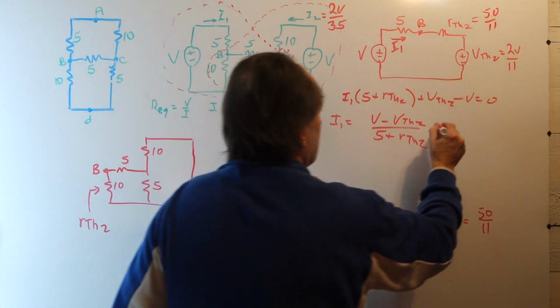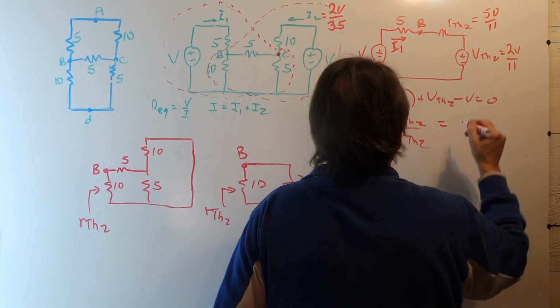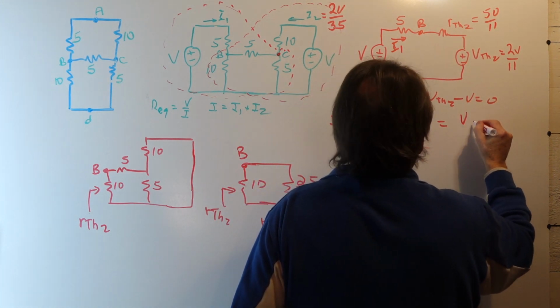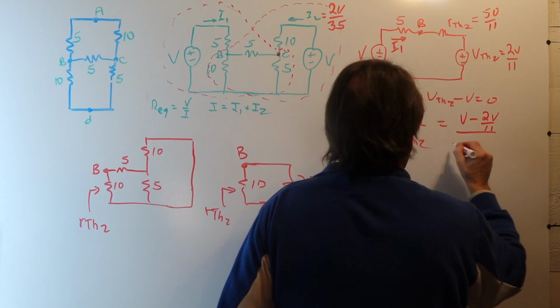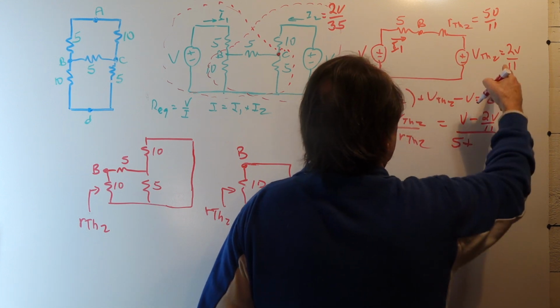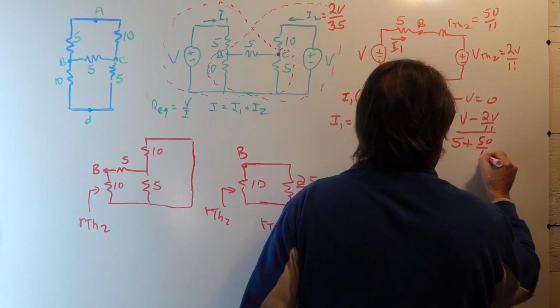Now, putting into the equation, we have V minus VTH2. VTH2 is 2V over 11, so we have V minus 2V over 11, divided by 5 plus RTH2, or 50 over 11.